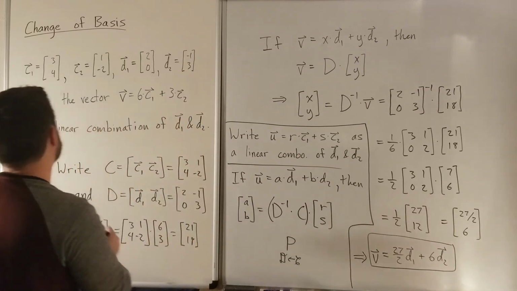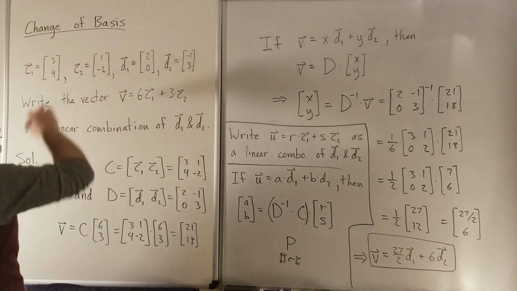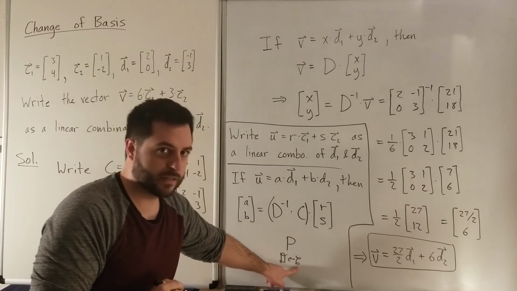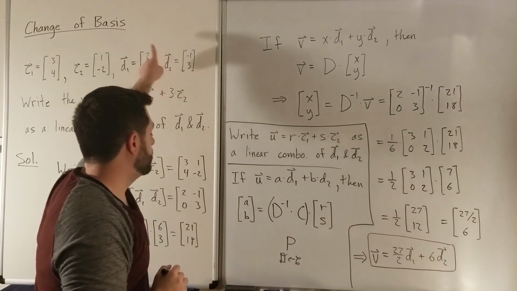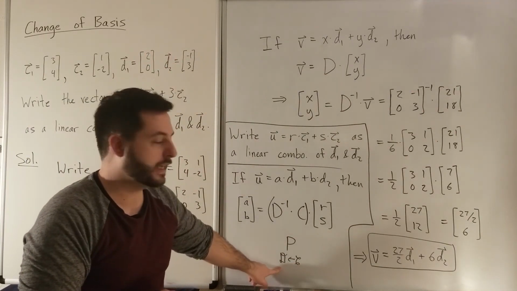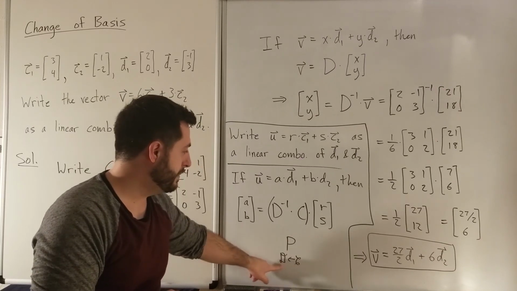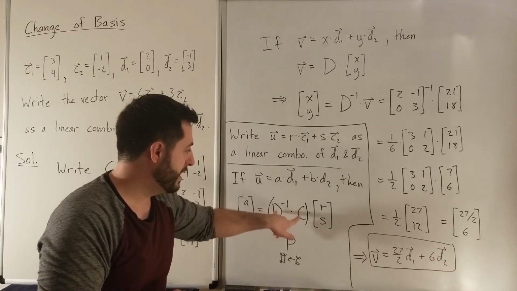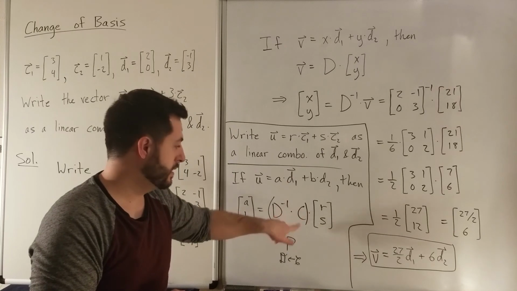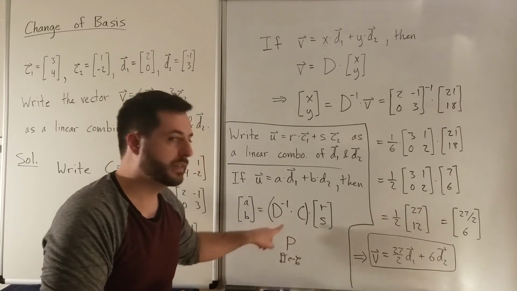Just to note, these two vectors right here are the basis curly C. These two vectors right here are the basis curly D. So we're translating from the C basis into the D basis by multiplying by this product of matrices, which is the same thing as this in the book.